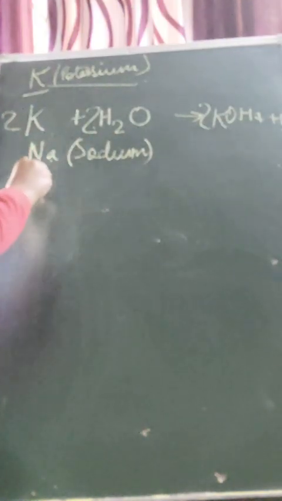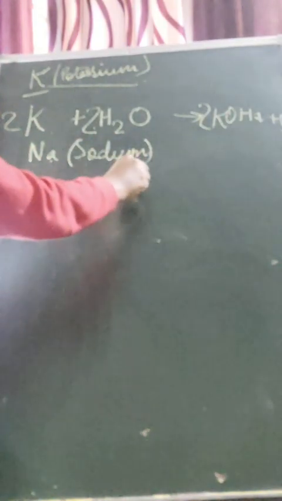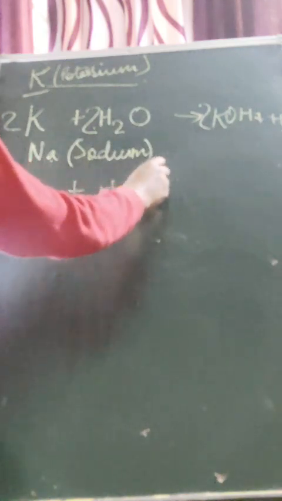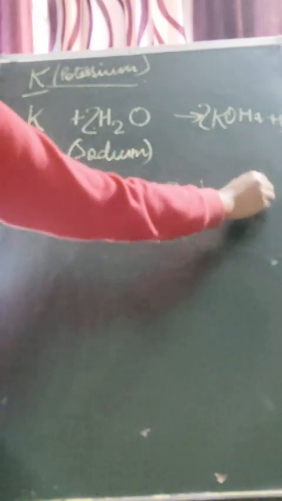Now let us see sodium. Sodium also reacts with cold water. Na plus H2O gives Na2O plus H2. No, this equation is not correct because when these metals react with cold water, they give their hydroxide instead of oxides.